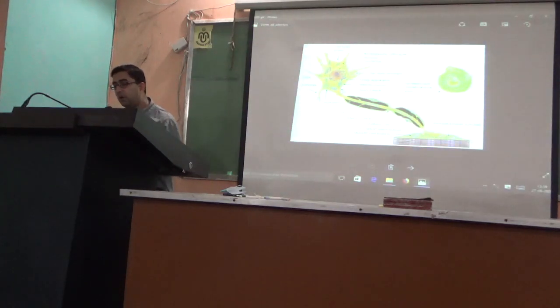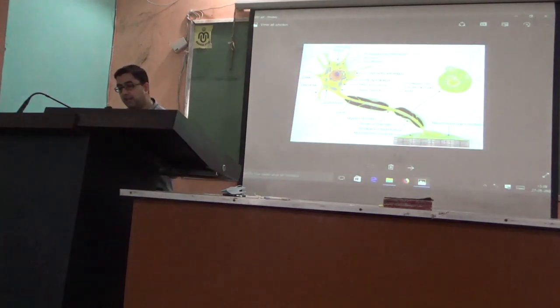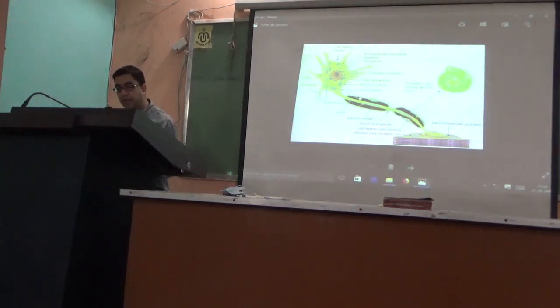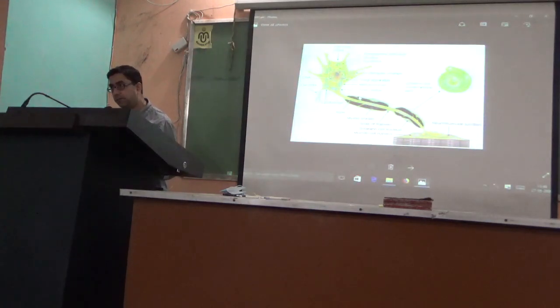Then the interior of the axon. The interior of the axon is called the axon cylinder, which contains axoplasm. It is the axoplasm which is present in the interior of the axon, and this axoplasm contains mitochondria and neurofibrils as well as vesicles, but no Nissl bodies.